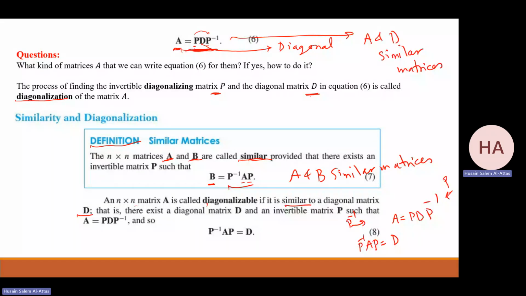Now, our task is to check, given a matrix here, whether it is diagonalizable.